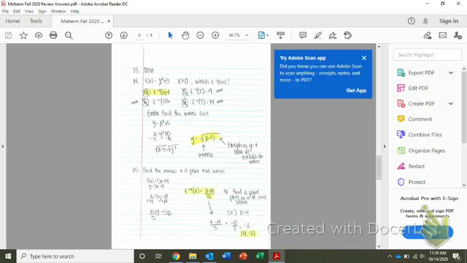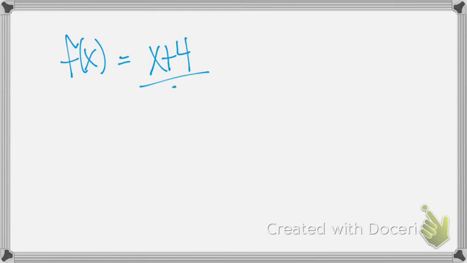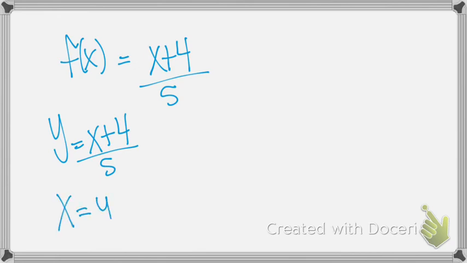Number 16. Let me go back. Number 16 says to find the inverse. Okay, so we have f of x equals x plus 4 over 5. Remember, this is y equals. First thing we do is we swap x and y, and we solve for y.